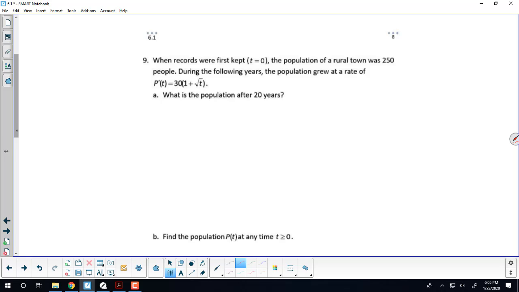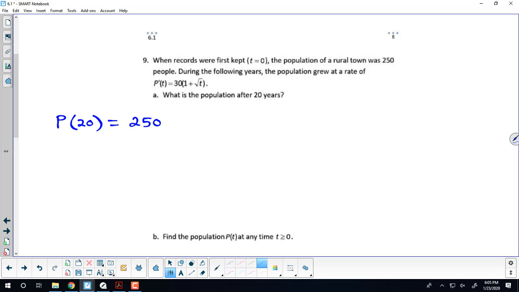But let's try to just fit this in with what we're doing. If we're trying to find the population function, P of 20, how would we construct that? P of 20 is 250, or do you want P of the initial P of 0? Either one.